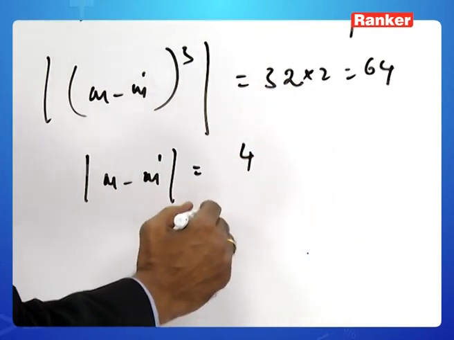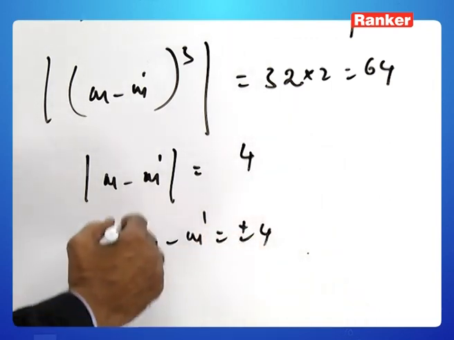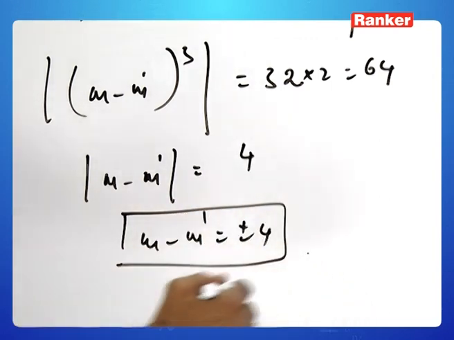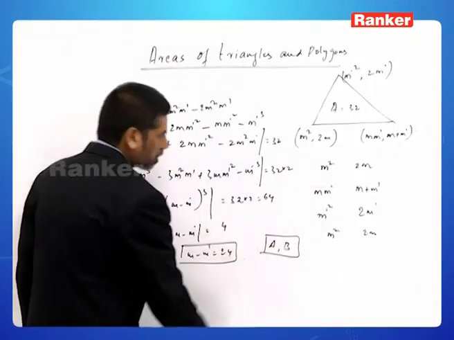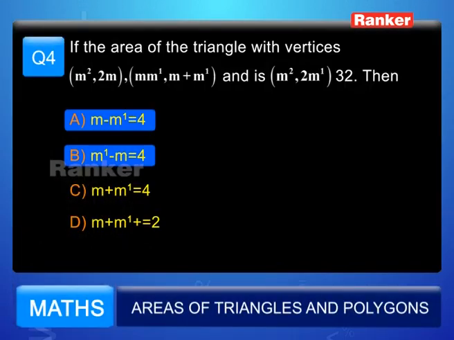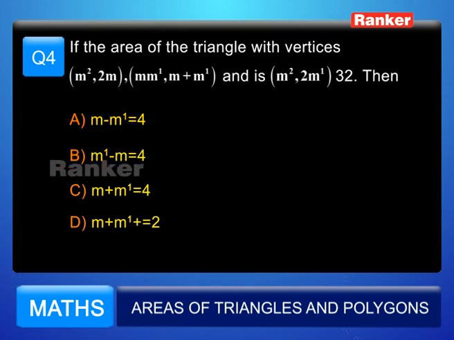So m minus m dash is equal to plus or minus 4. So you can find that options A and B are both correct. So not much in this problem, but it's careful handling of the condition and good algebraic knowledge.